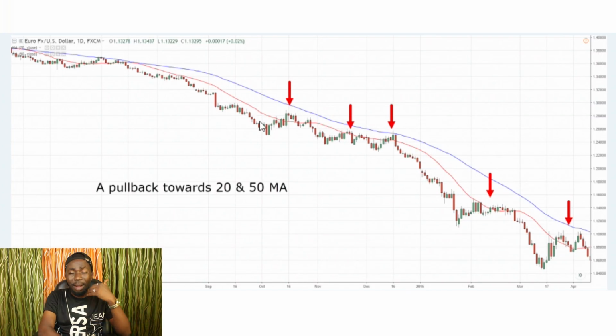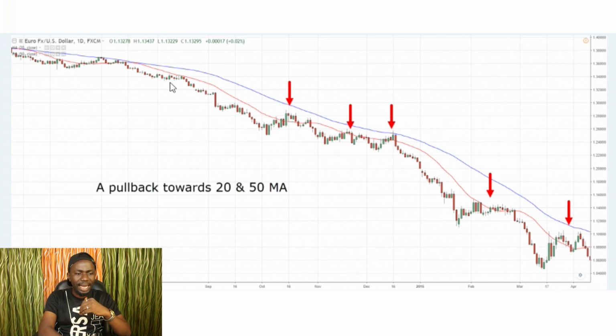The sellers are more active in this market because they were able to push the price, and the price broke below the support level when it was at the distribution stage. This stage is what we call the decline stage, where the sellers are pushing the price down. In this stage, you know that there are more sellers than buyers.